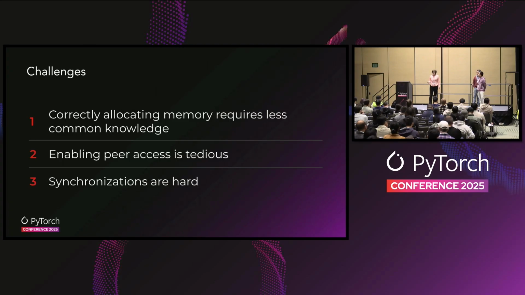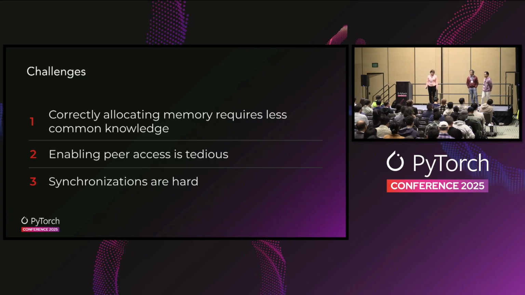Then enabling peer memory access is also kind of tedious. So if you are left needing to do it yourself every time you want to experiment with some distributed APIs, this would create quite a lot of developer friction for you. And finally, even if you opened up those memory regions for the processes to communicate, it still doesn't mean that any process can barge in and write in any address space at any moment it wants.